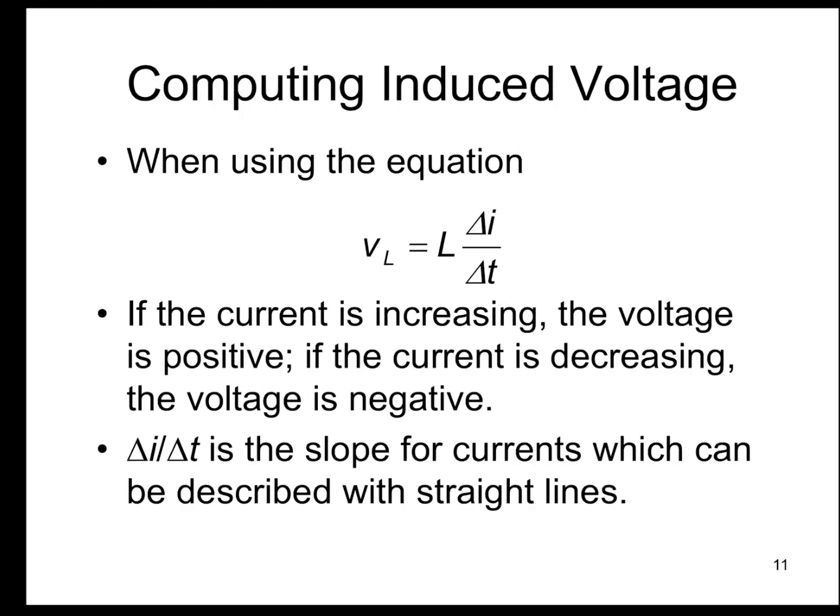Okay, so we'll just end off here for part one. So this again is saying that when we look at a changing current over time, the more the current changes with respect to time, the higher that voltage will be, or the higher the counter EMF.